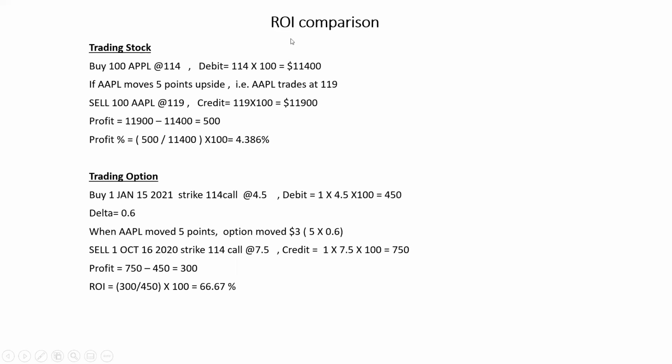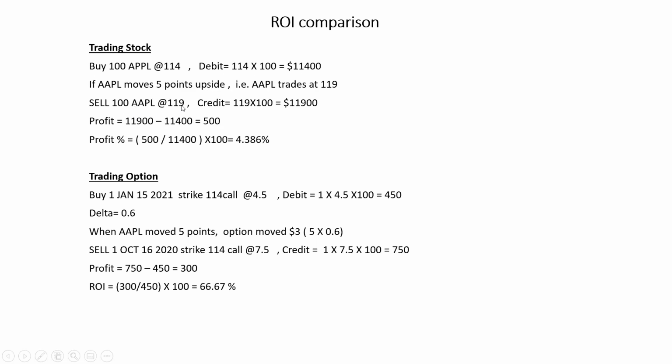ROI comparison. Do you guys know ROI? Return on investment. Now I'm just giving an example. What is the difference between stock and option? What is your ROI in stock and what is your ROI in option? Suppose you buy 100 Apple at $114. You are paying 11,400. Now Apple moves 5 points upside, so Apple trades at 119.